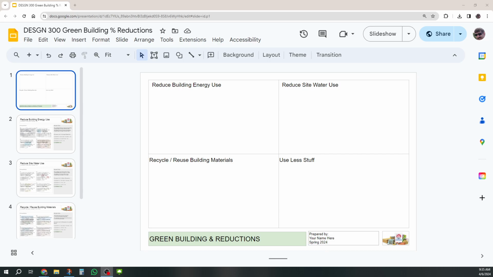Take a look at how you'll do the green building percent reductions practice. Remember, as you're doing your research, you're going to find that most green building standards talk about a percent reduction. You have to reduce by 30%, reduce by 20%, reduce by 10% in order to meet the standard.